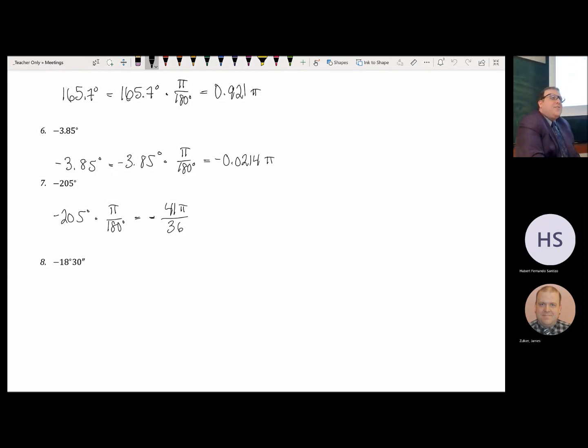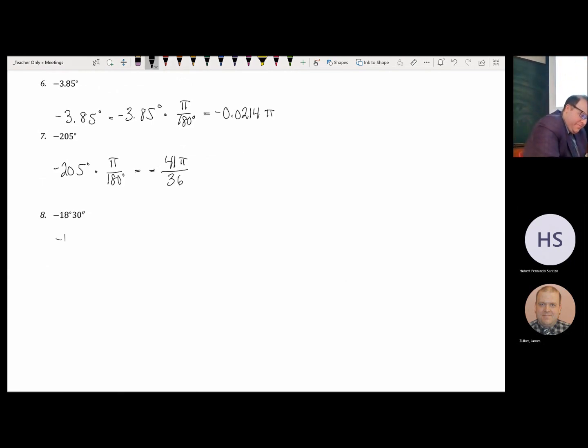Negative 18 degrees and 30 arc seconds. That's negative quantity of 18 degrees plus 30 over 3600 degrees, which is what, 1 over 120? 18 times 120, 1200 plus 8 times 120, which is 960, so that'd be 2160.